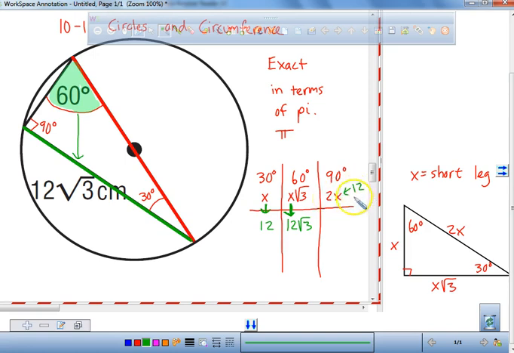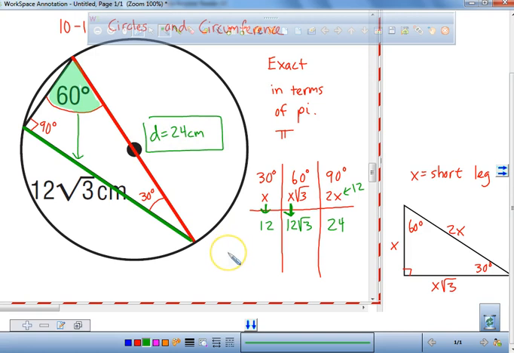What's 2 times 12? 24. So where am I going to put the 24? Across from the 90 degrees. So what does that mean? This side, all the way across, the diameter, has to be 24 centimeters. So label that 24 centimeters.